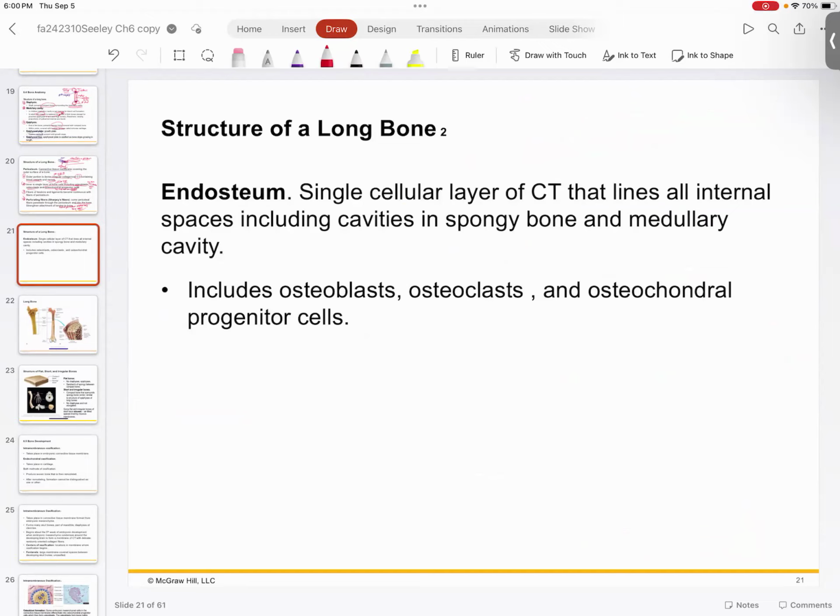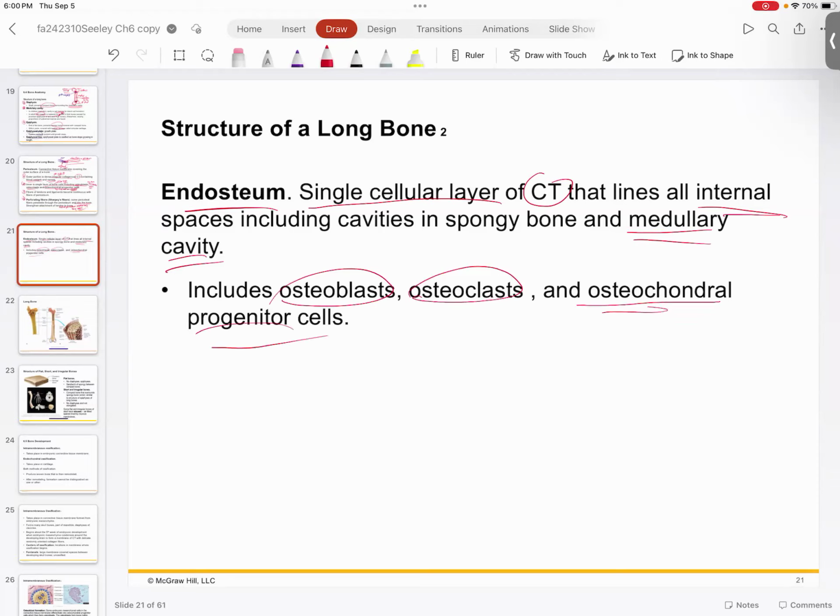So then, continuing with the long bone, on the inside of the medullary cavity is what's called the endosteum. This is typically a single cell layer of connective tissue, and it lines the internal space, the medullary cavity, and also the cavities associated with the spongy bone. And in this endosteal layer you're going to see osteoblasts, osteoclasts, and osteochondral progenitor cells.